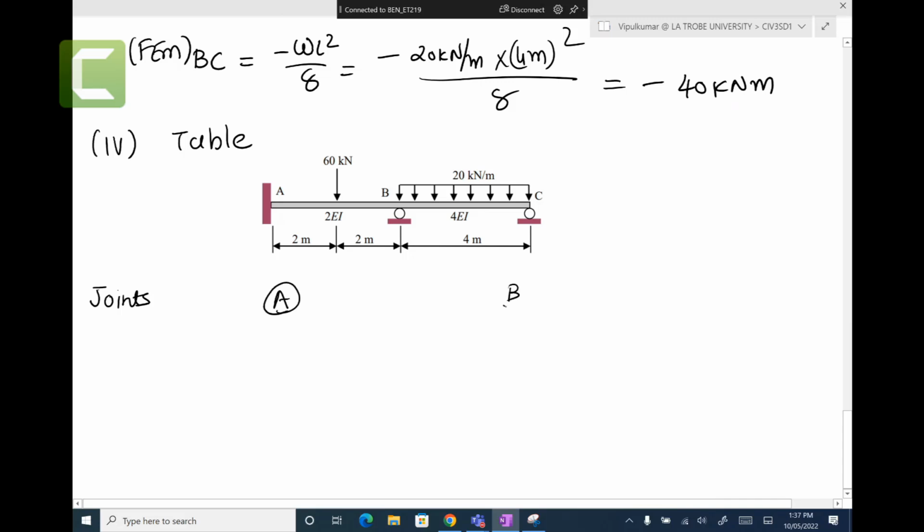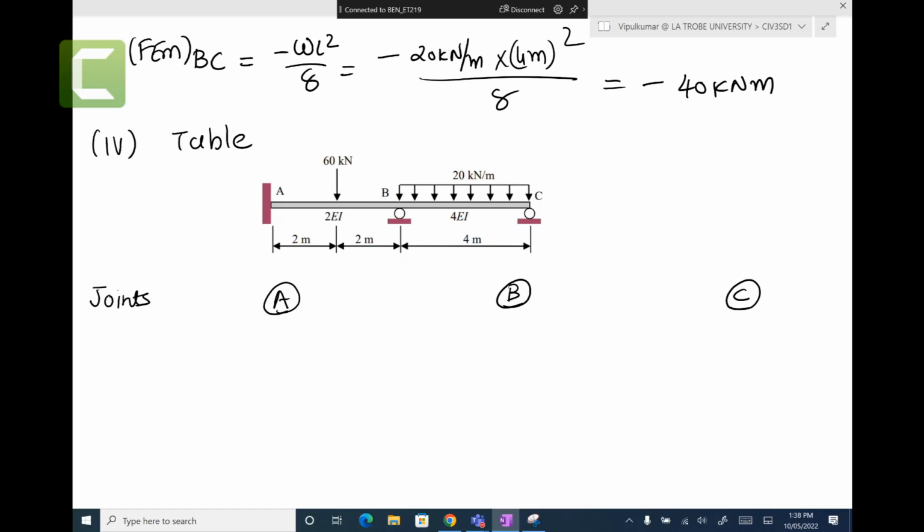A, B, and C. If you start with the papers, always start at the top of the paper. If you start here, you end up running out of space. You need to do this in the exams too. So when you start the tables, always start with a new page. If you are working on smart devices, you don't need to worry about it. But in the exams, you might not have a smart device. Then you need to start at the top of the page, as you might need some space there.